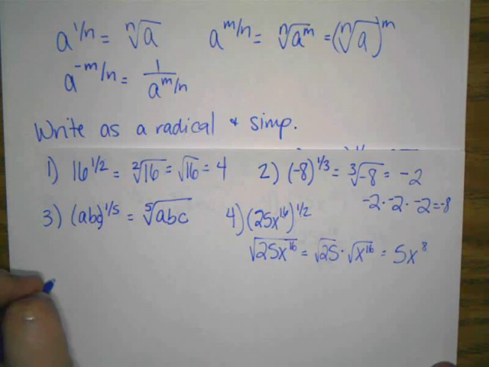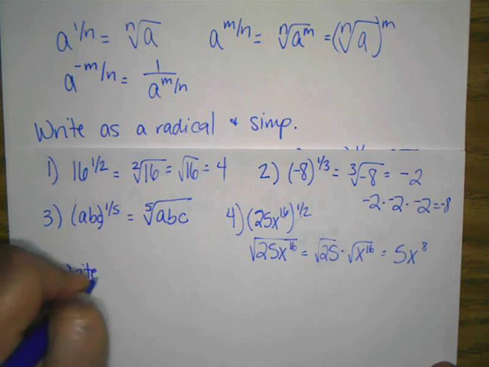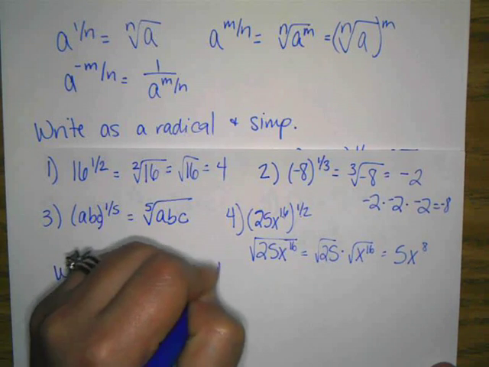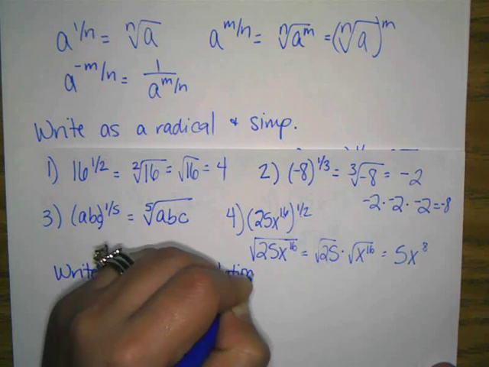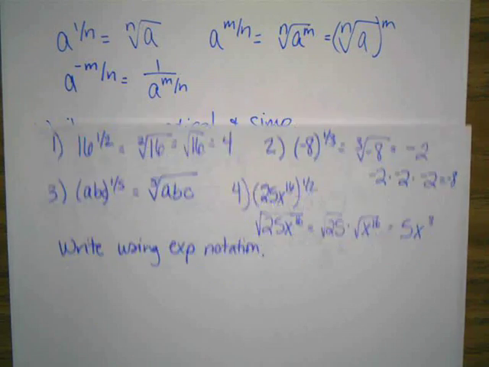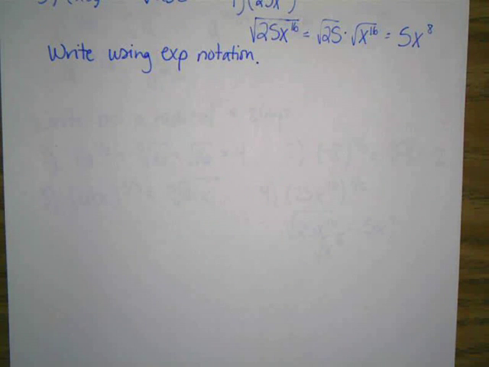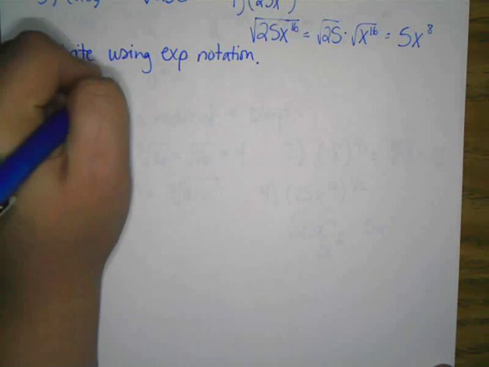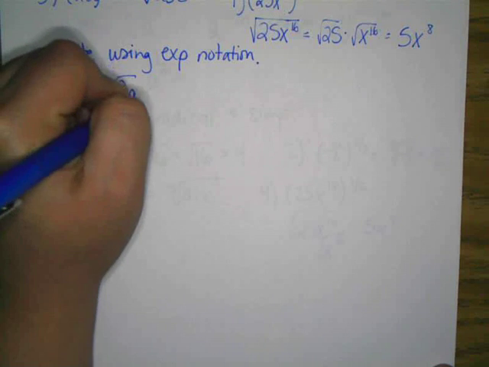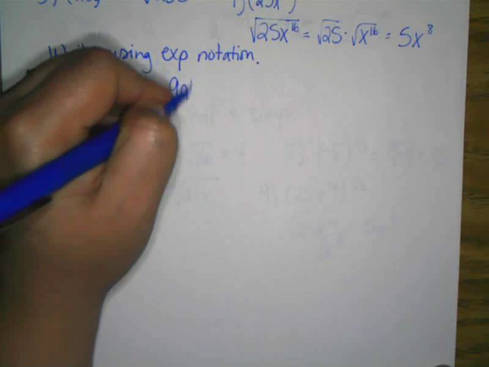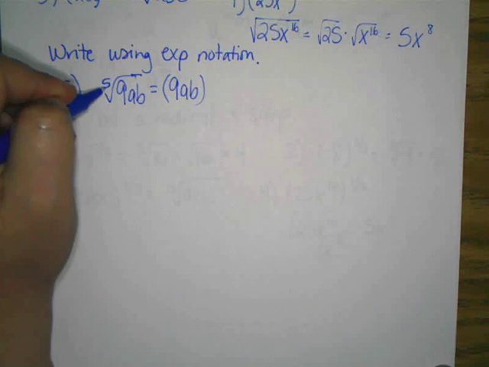So now we're going to go the other direction. Write using exponential notation. So we have number 5, the 5th root of 9ab. So we have the quantity 9ab, and this is the 5th root.